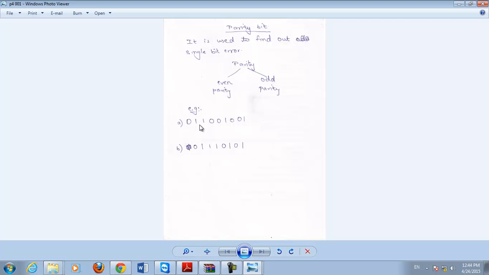But if 2 bits are changed, then the user is not able to find the error by using the parity bit, because the parity bit is only used to detect a single bit error. Is it clear?